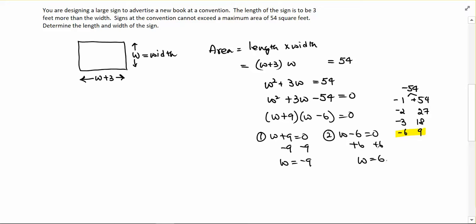Now let's connect this back to the width. When you're talking widths or lengths of some kind, you don't get negative lengths. So the only answer that makes sense in the context of this problem is w equals 6. So you would say the width is 6 feet. Remember to give units, and the length is 9 feet.